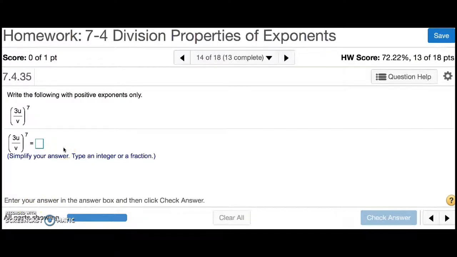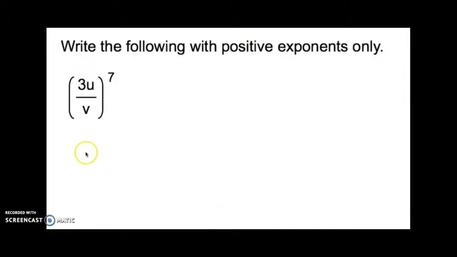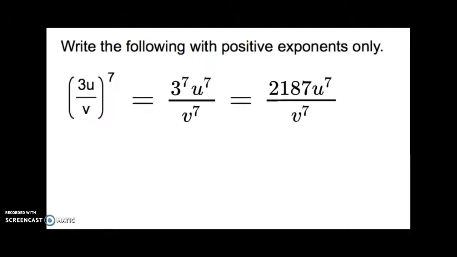Number 14. It is asking you to write the following with positive exponents only. So let's take a closer look at that. Remember, when we have a fraction all being raised to an exponent, we raise everything in the top and the bottom to the exponent of 7 in this case. So we have 3 to the 7, u to the 7, and v to the 7. 3 to the 7th power is 2,187.